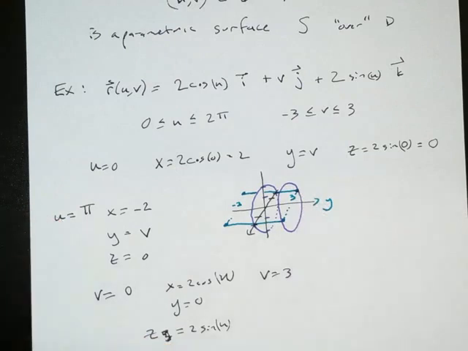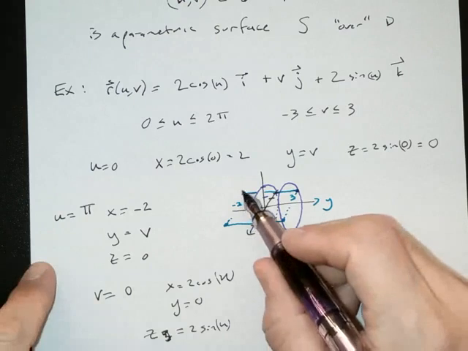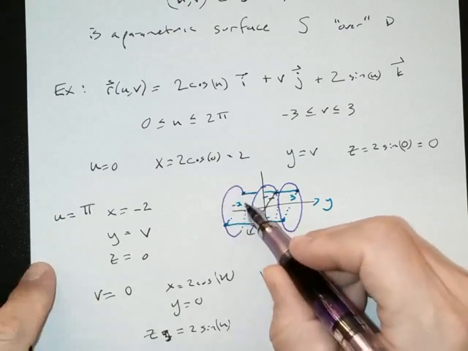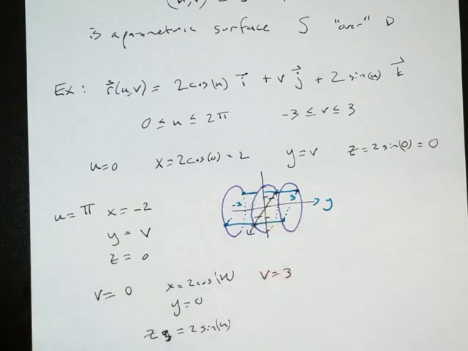And if v is -3, it's going to be over here. What does this three-dimensional shape look like? Its radius for the circle is 2, and its length is 6. Goes from -3 to 3.